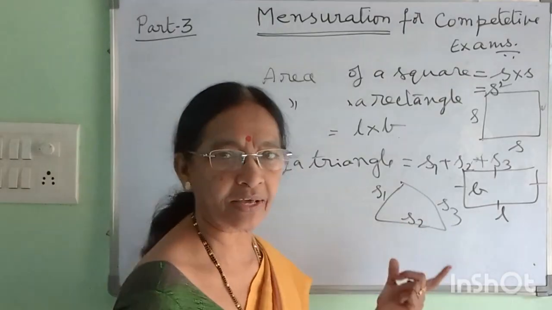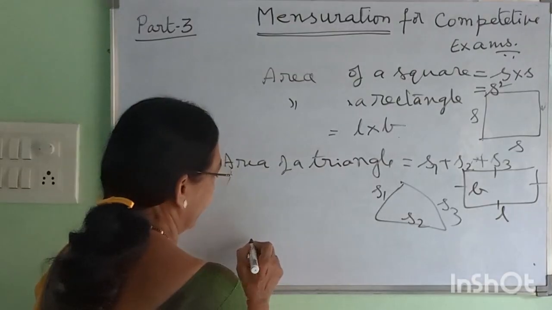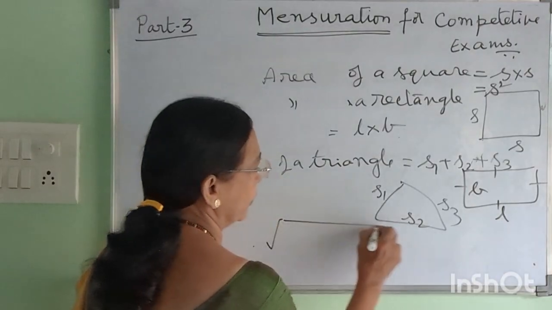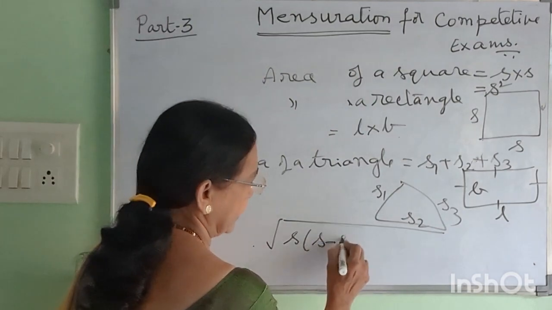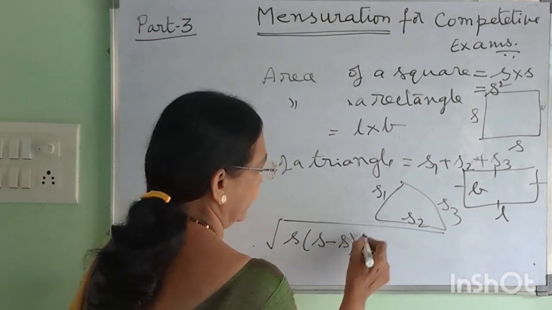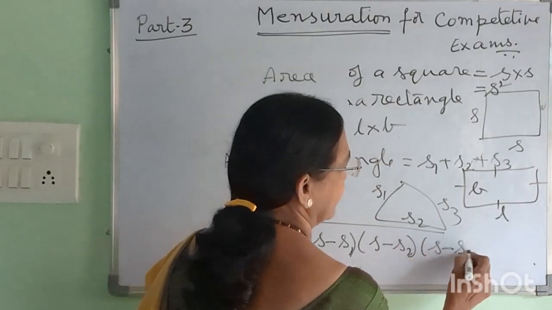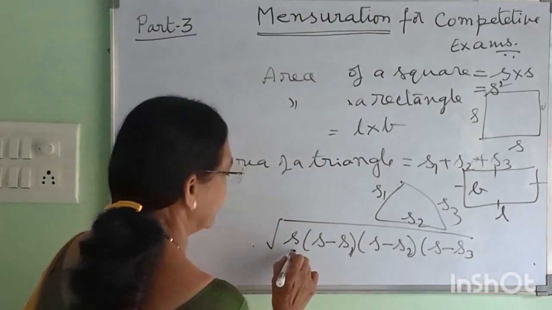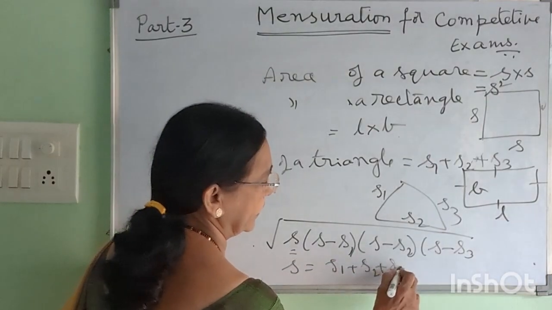where the three sides are different, it is called a scalene triangle, and this area is equal to square root of S into (S minus S1) into (S minus S2) into (S minus S3), where S is equal to (S1 plus S2 plus S3) by 2.